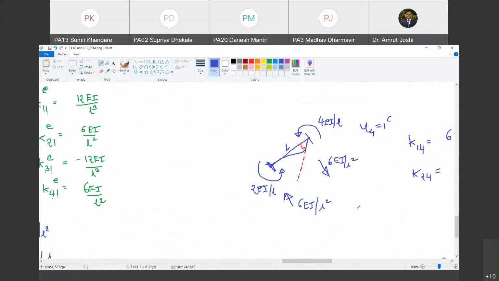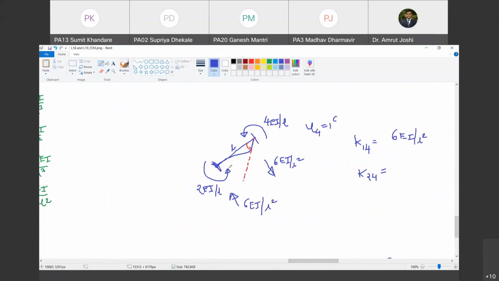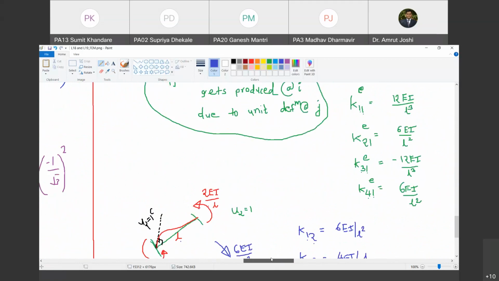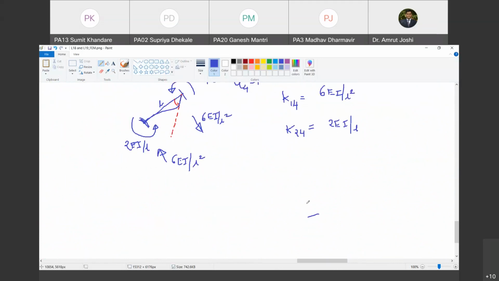It's rotation, so moment. 2EI by L. Let us cross verify whether this 2EI by L is the same as K42. K42 is 2EI by L. Happy? Yes. So the stiffness matrix is inherently symmetric due to Maxwell's reciprocal theorem. You must have learned that. Yes, sir.